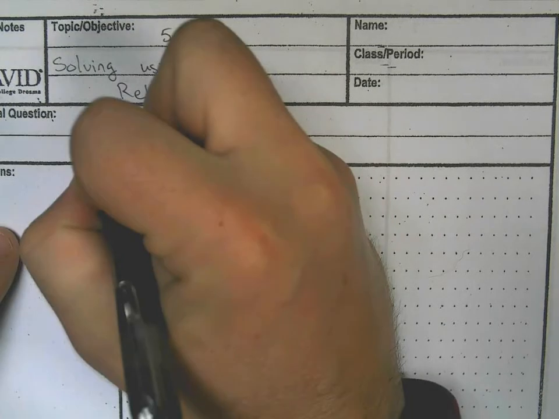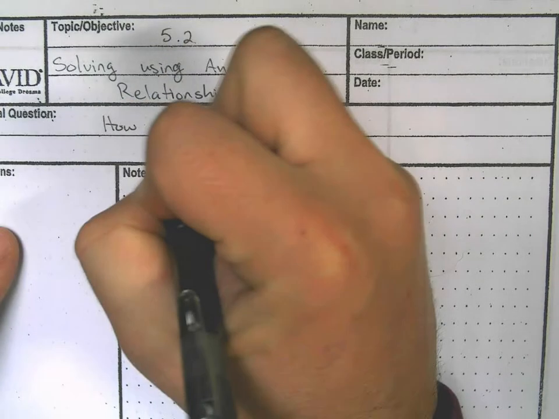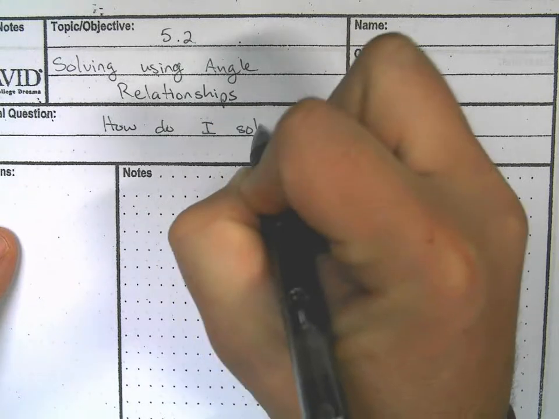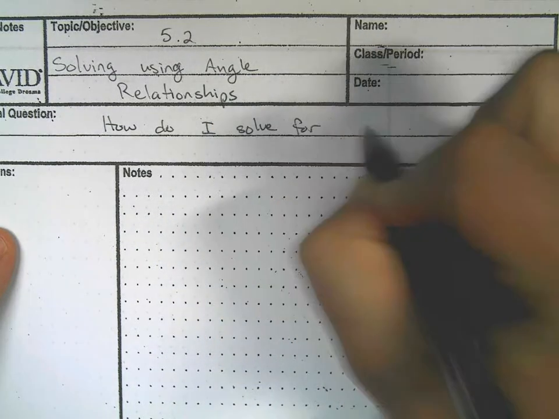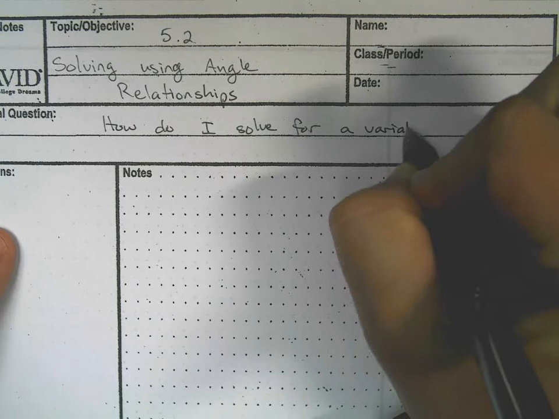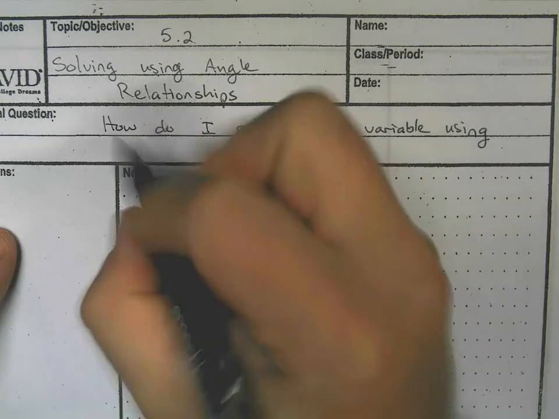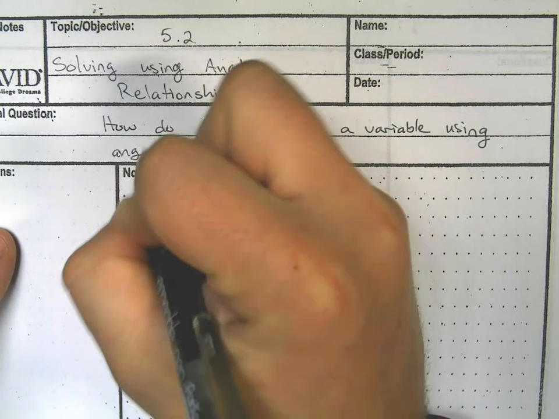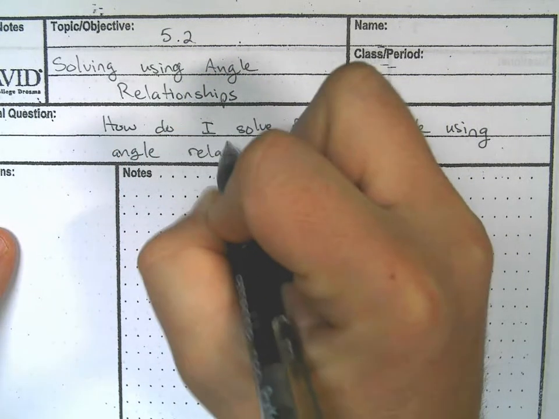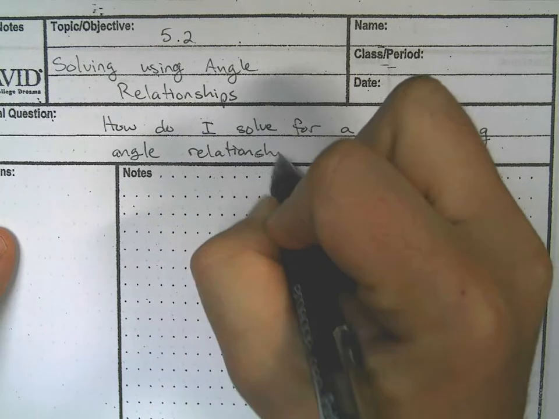So our essential question will be, how do I solve for a variable using angle relationships?